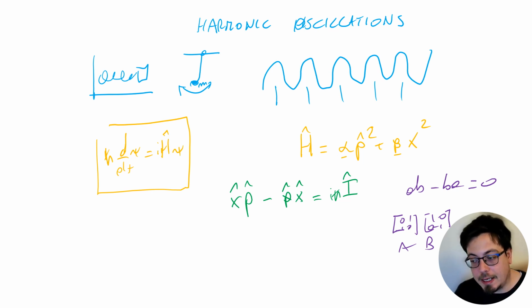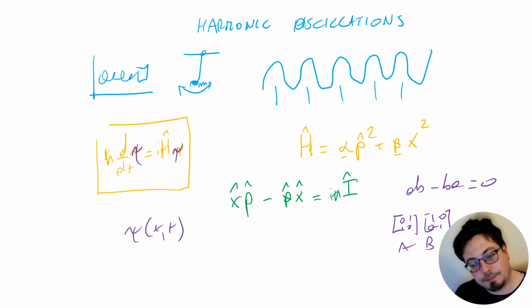Also, we showed last time that since we're dealing with a function, psi, of position and time, this Hamiltonian operation needs to act on functions of space and time. So these operators, x and p, must be something that acts on a function.